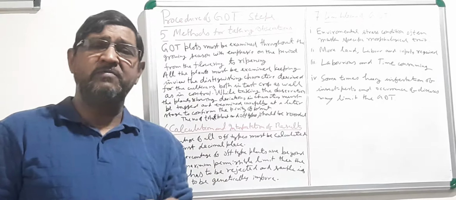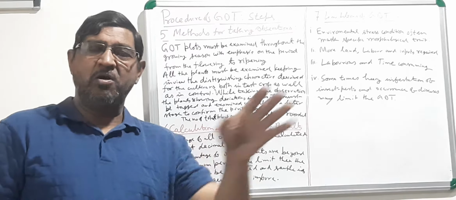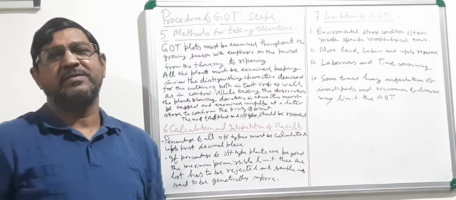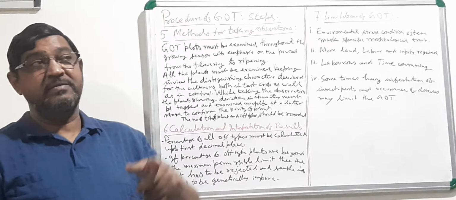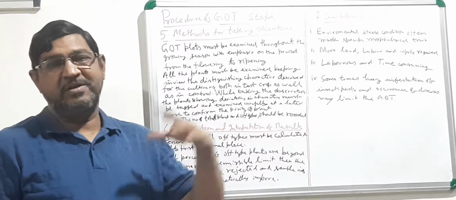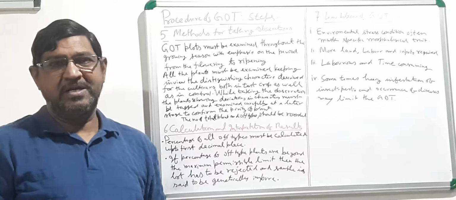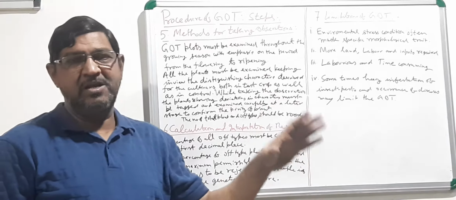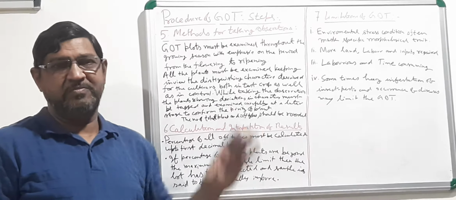At any time, if you get any off-type plant, you have to tag it for counting. You have to tag it and let it grow till last. And finally, you have to be sure that what you have tagged is really off-type, and not taken as off-type by chance or by mistake.